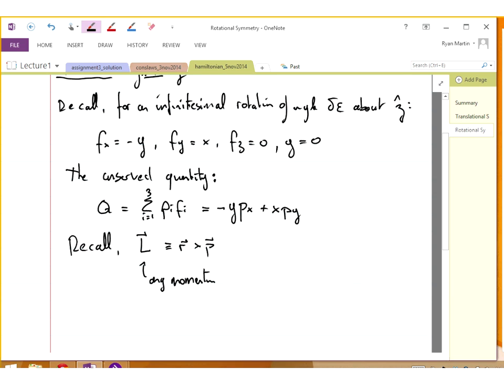Okay. So the z component of angular momentum is x py minus y px. Of course, these guys are the same.